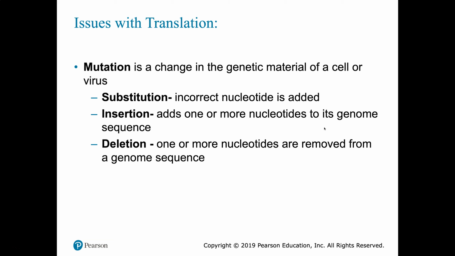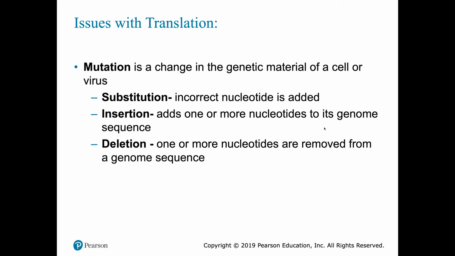Now, substitution mutations are when you accidentally put an incorrect nucleotide down. So let's say the polymerase is reading, it sees an adenine, it sees a cytosine, and it's supposed to put a guanine to match it, but instead it puts, let's say, an adenine instead of a guanine.